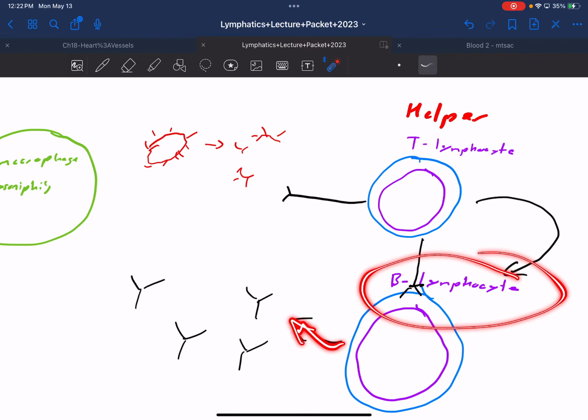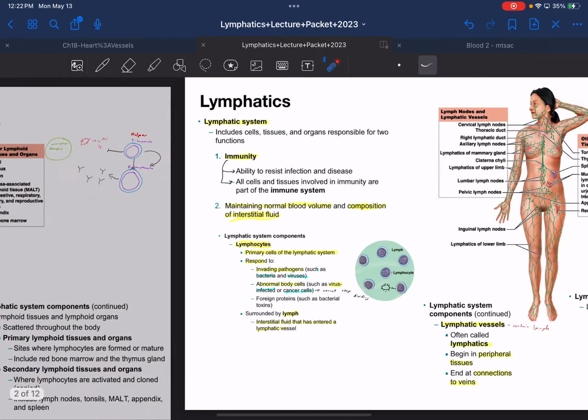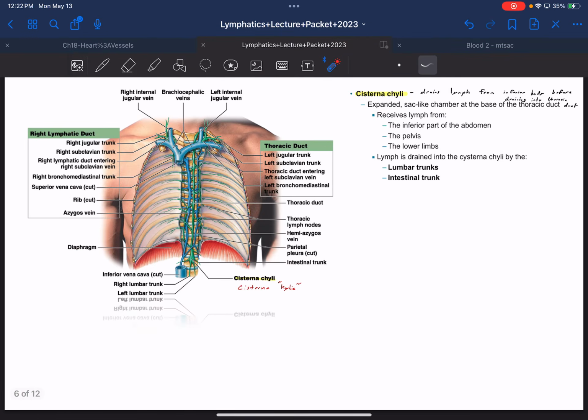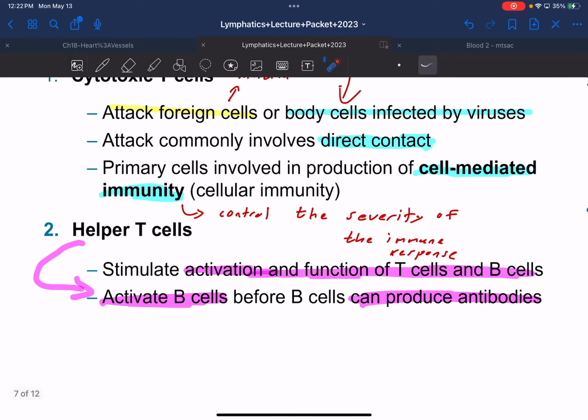And then the B lymphocytes will say, all right, let's create a bunch of antibodies to look for that. And so helper T lymphocytes do that very activity of activating B cells, but they can also activate other T cells. The only thing to add there. And again, my main favorite one for our intro to anatomy is activating B cells so they can produce antibodies, right? Because they've been activated. That's why I use that story in the intro.